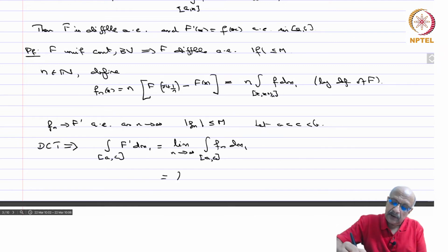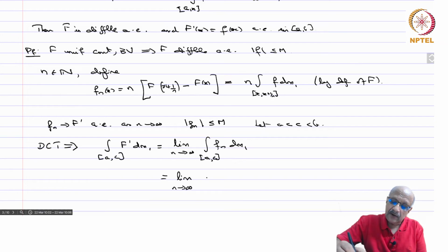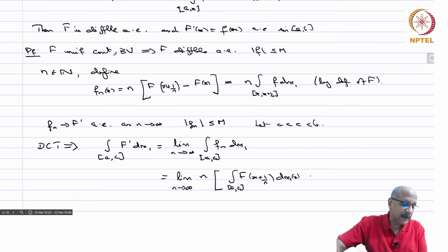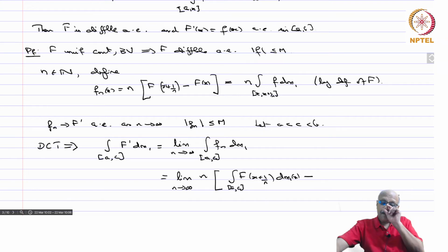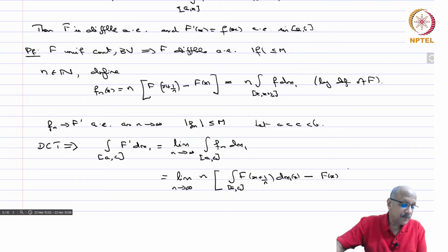Now that is equal to the limit as n tends to infinity of n times the integral from a to c of F(x plus 1 by n) minus F(x) dm1(x).